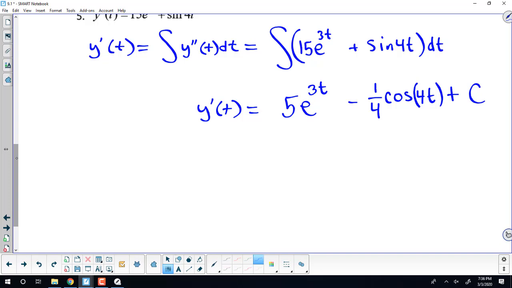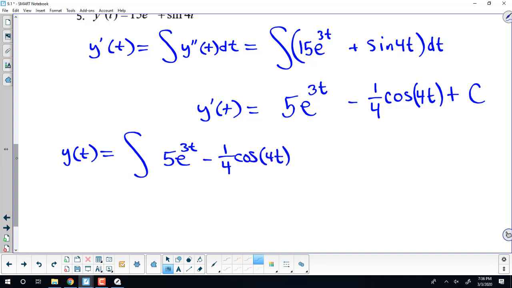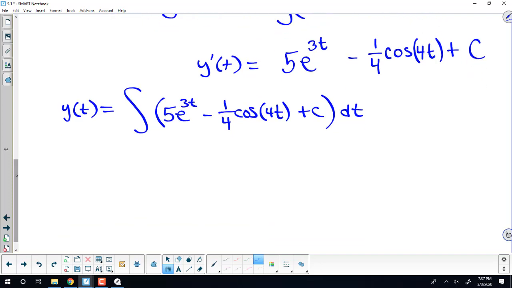We have to integrate that again to get y, integrating all of that, even our constant, with respect to t. This is where, when we're separating differential equations, it makes a lot of sense to keep track of your constants.